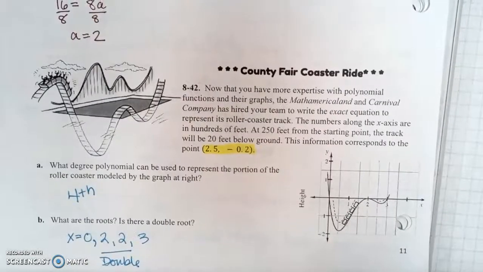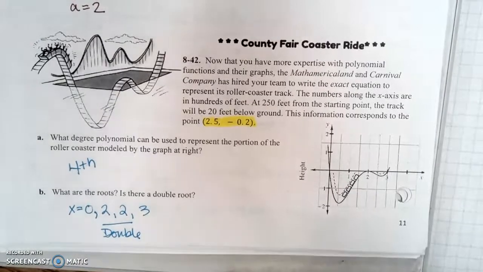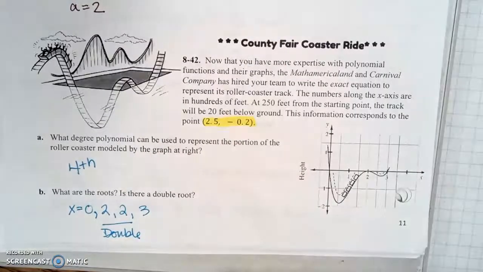Question number 42 is titled County Fair Coaster Ride. We saw one like this the other day. It says, now that you have more expertise with polynomial functions and their graphs, the Mathemericaland and Carnival Company has hired your team to write the exact equation to represent the roller coaster track.